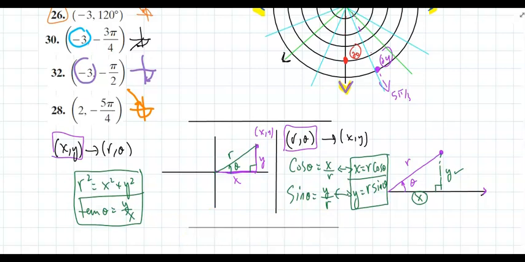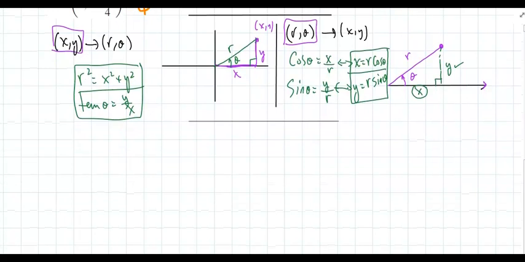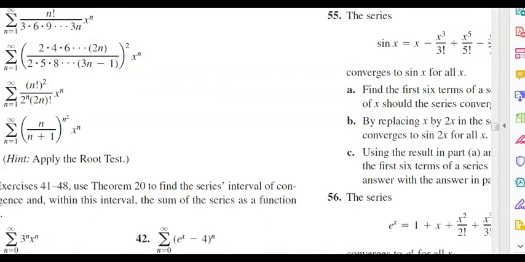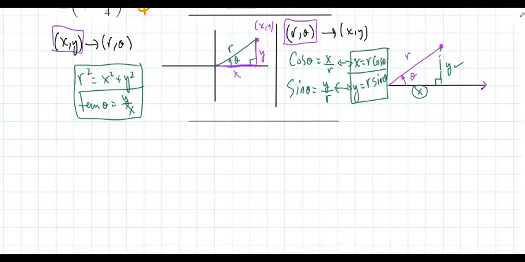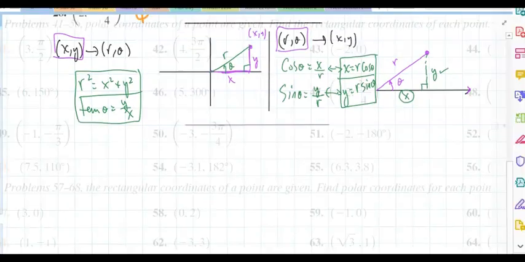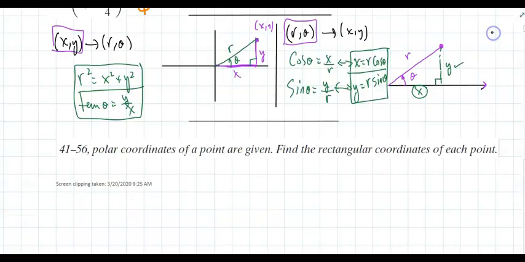Okay, I'm going to stop this video here before I do a problem because I'm running into a lot of trouble trying to do some. Actually, we could fit a couple of problems in. So let's look at the next set of problems. They're going to start off with points.